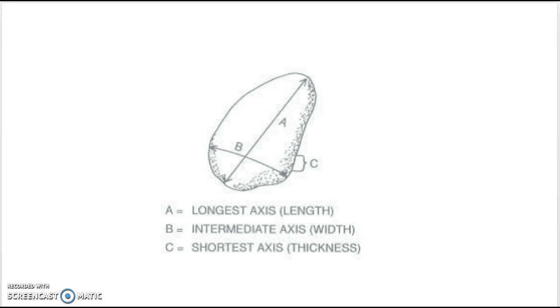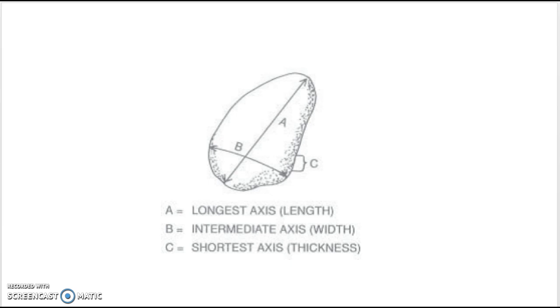And the B axis of a person would be a measurement from shoulder to shoulder. The C axis then is the shortest side, in other words, the thickness of the pebble. The C axis of a person would be from front to back through their belly button.